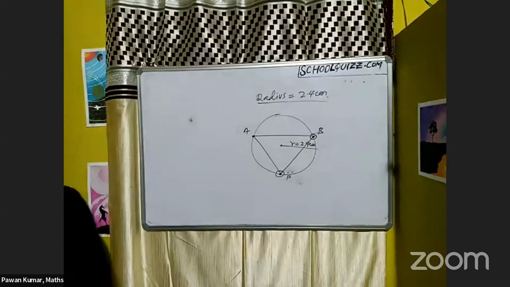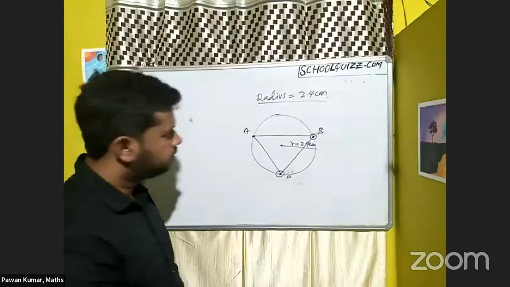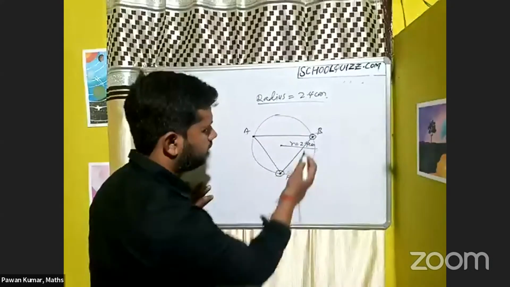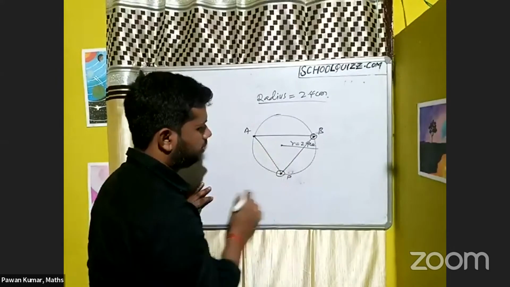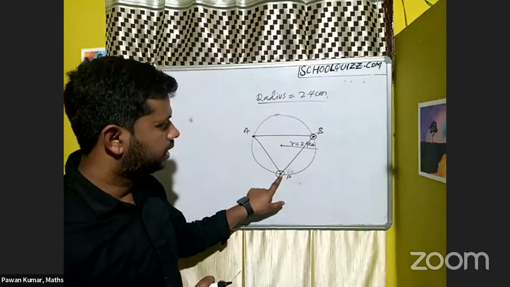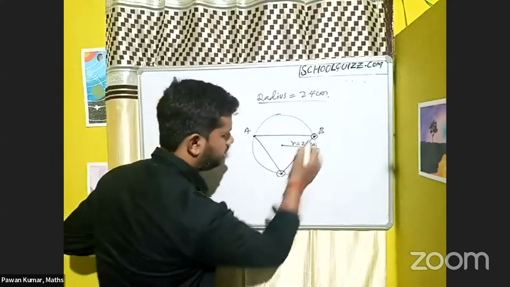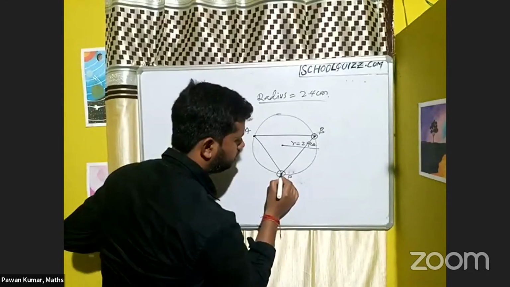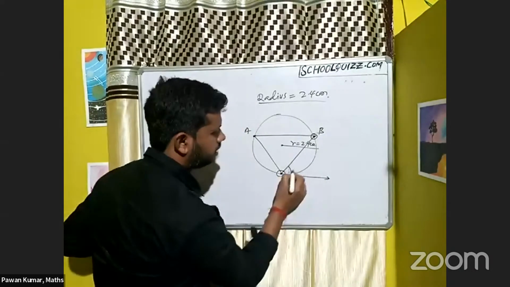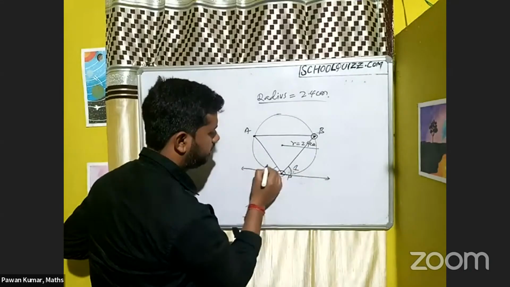So next thing you can do, from this point P, draw an angle. Suppose I draw one angle from this side, let it be angle 1, and if I draw an angle from the other side, you have to indicate this as angle 2.